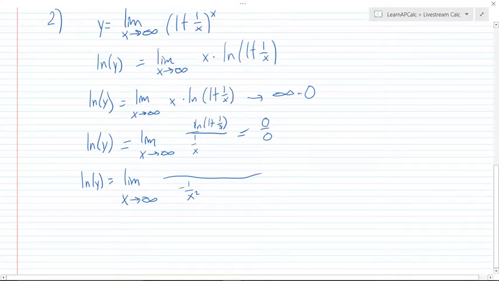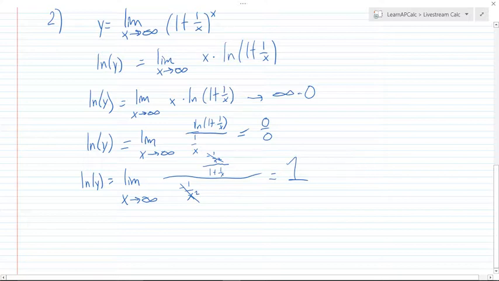The derivative of our inside here is minus 1 over x squared, all over 1 plus 1 over x. These are going to cancel, and we're just going to evaluate this, which is going to give us 1.